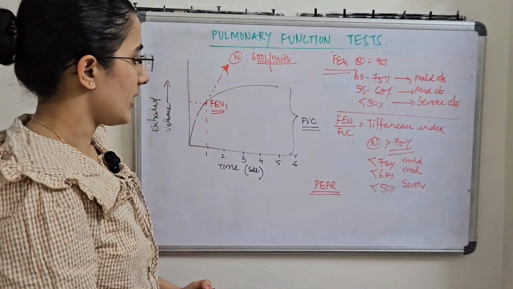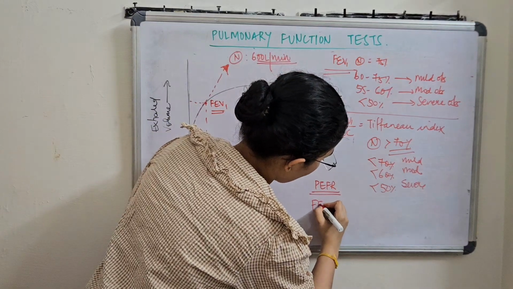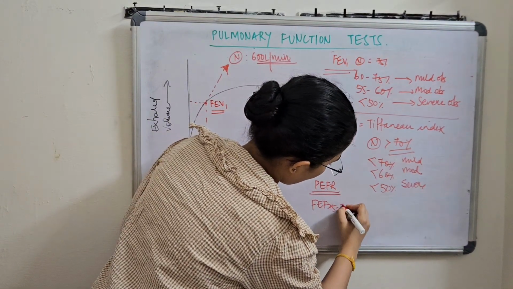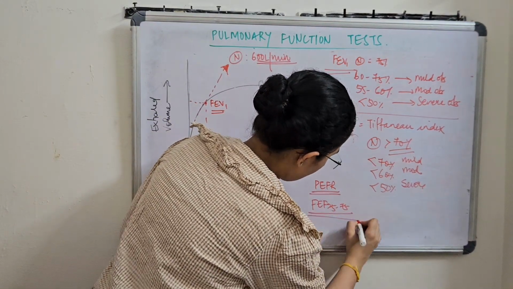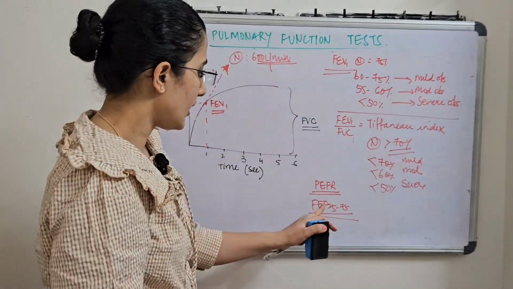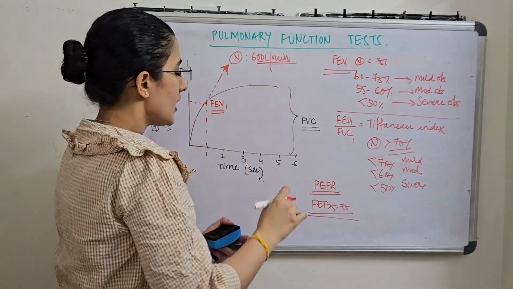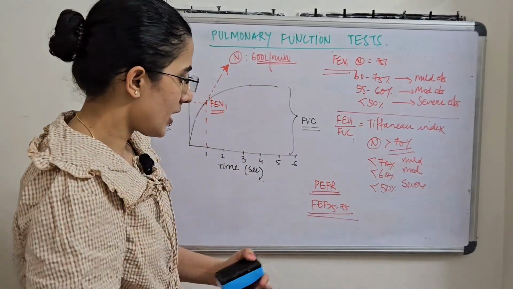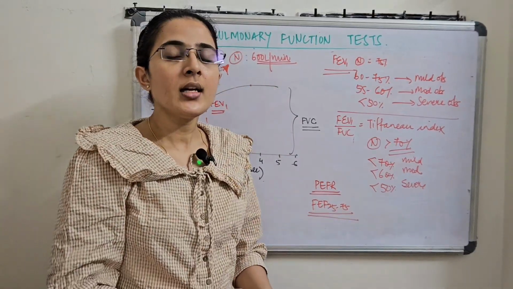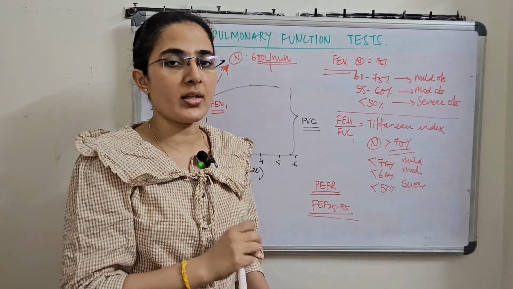Another thing which we determine from this FVC curve is FEF 25 to 75. That is the forced expiratory flow rate during 25 to 75, the mid portion of the curve. This will tell us about the intermediate airways obstruction.